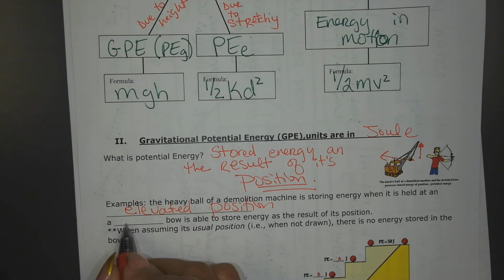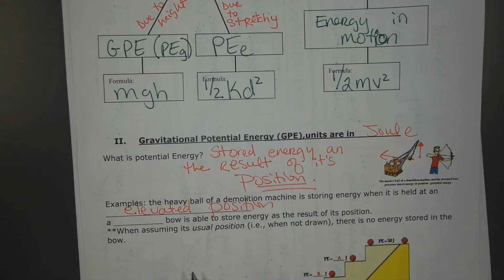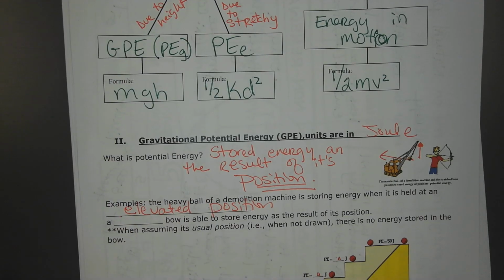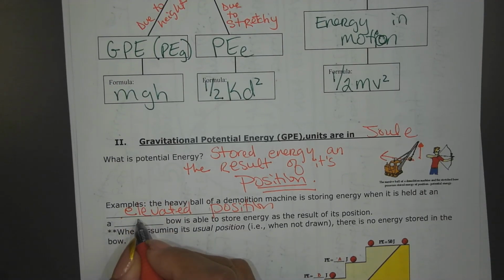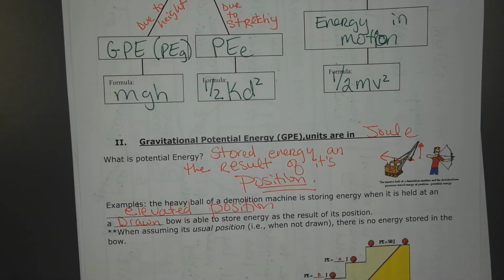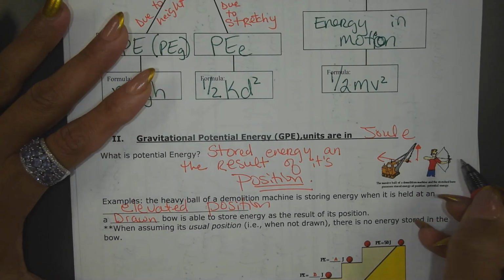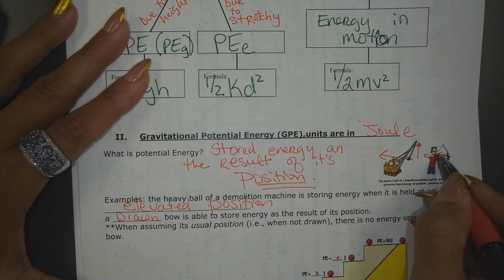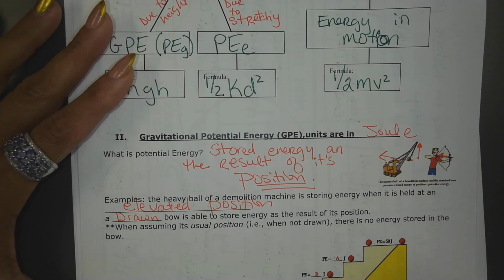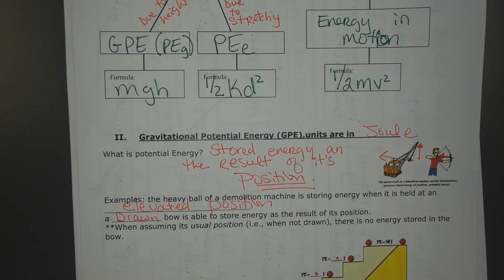But remember that word position. They didn't use a rubber band, but if you were to draw back a bow and arrow, the more you pull it back, the more elastic potential energy to allow that arrow to go further out. Same thing with the rubber band.